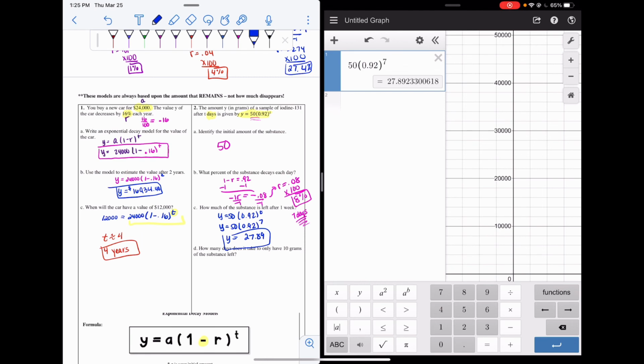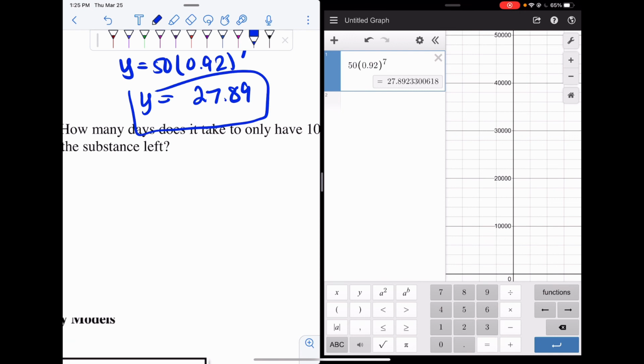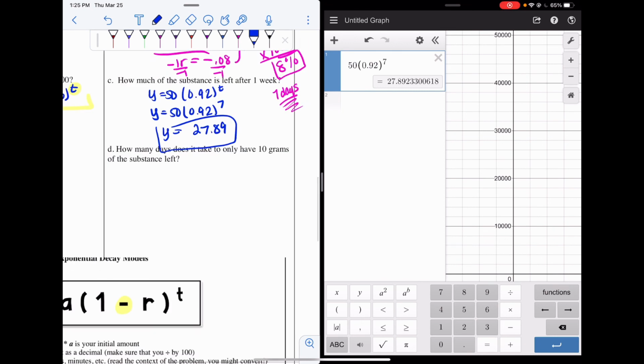Okay? D, how many days does it take to only have 10 grams of the substance left? So that's when you want to find out your time value. So I'm going to be setting 10 equal to my equation. So my equation is 50 times 0.92 to the t, and I'm going to set it equal to 10. And we want to solve for this value.